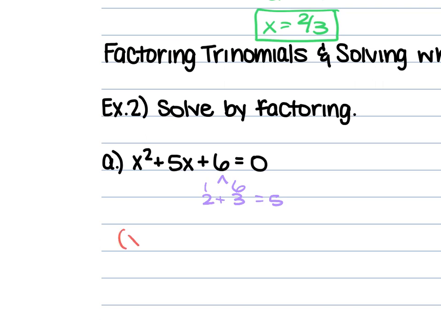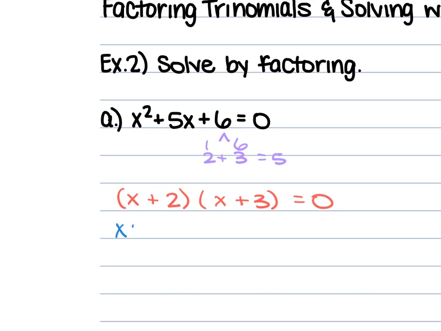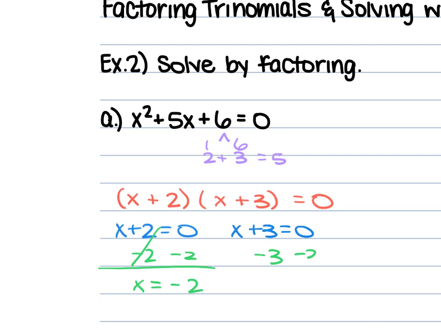So this is going to factor out to be x plus 2 times x plus 3 is equal to 0. Set them both equal to 0, so x plus 2 is equal to 0, and x plus 3 is equal to 0. Move the 2 over, move the 3 over. We get that x is equal to negative 2, and x is equal to negative 3.